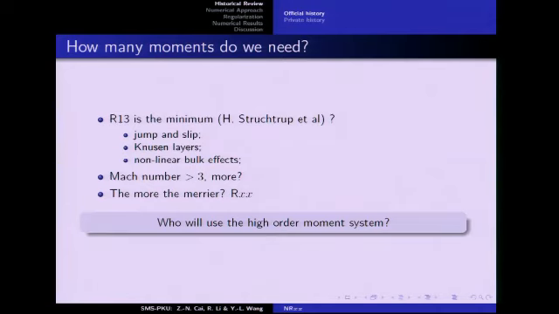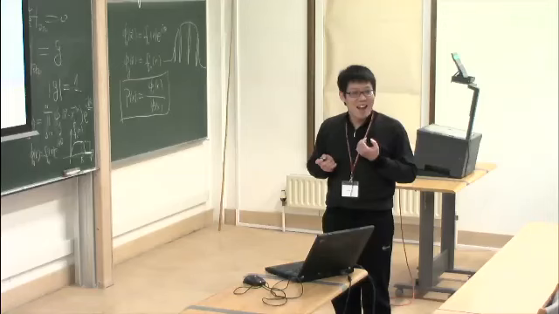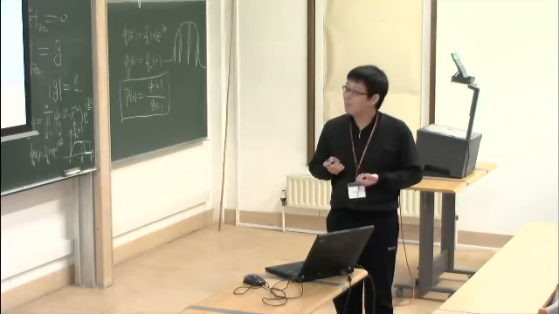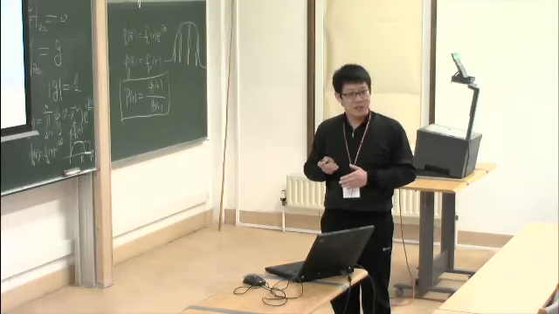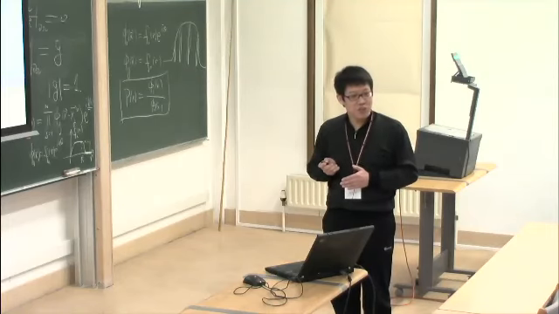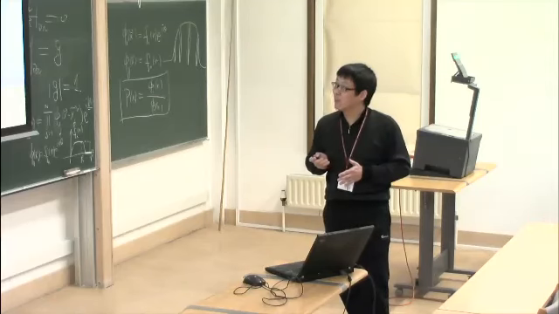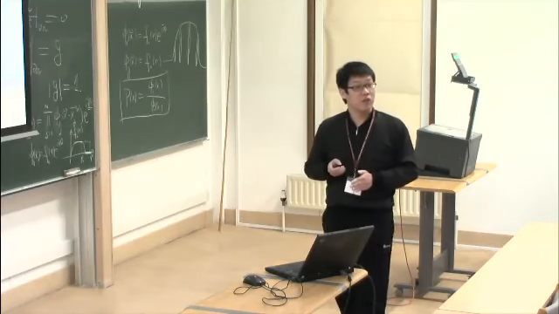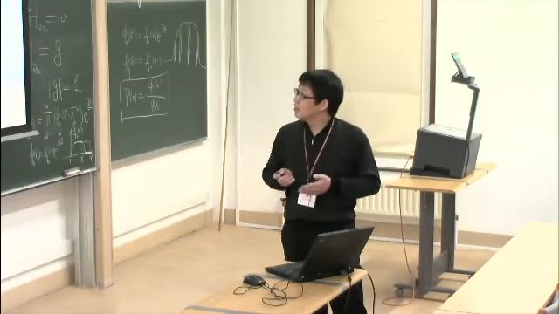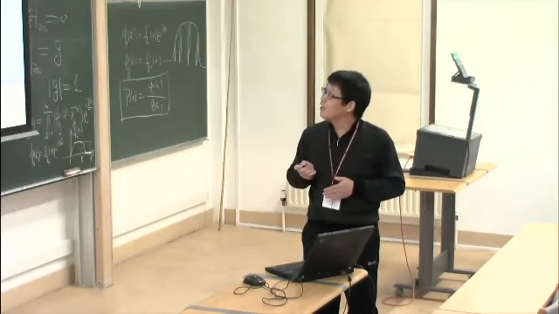The authors of the R13 system said that 13 moments is the minimum, because you should have at least 13 moments to catch the jump and slip, and the Knudsen-layer and non-equilibrium effects. This is a very common thing in microflow simulation. But for Mach number greater than 3, do we need more moments?